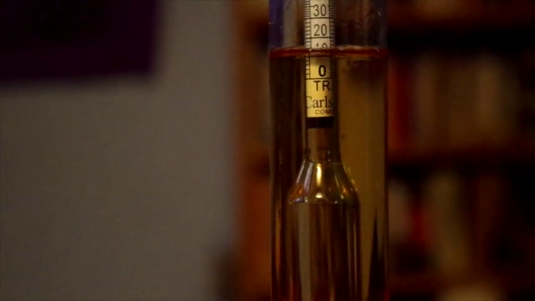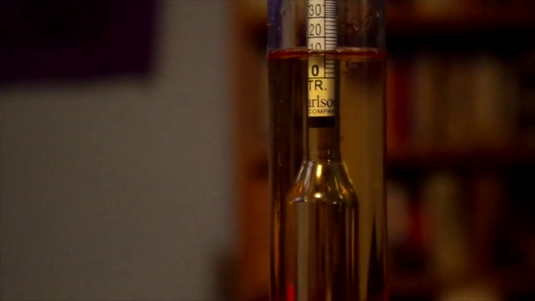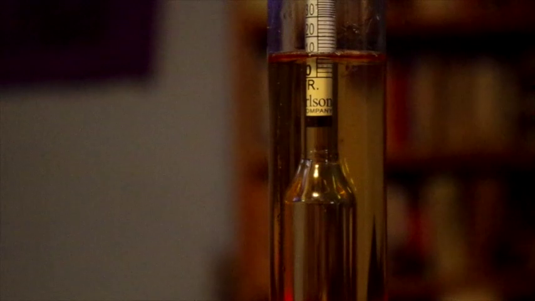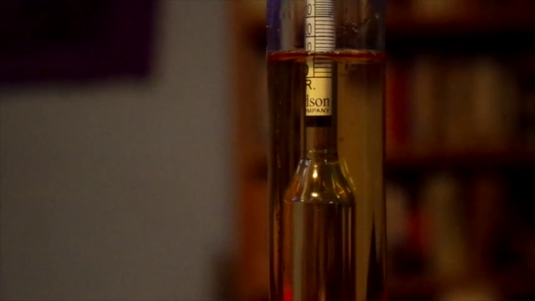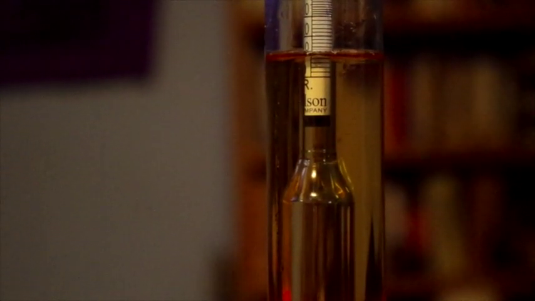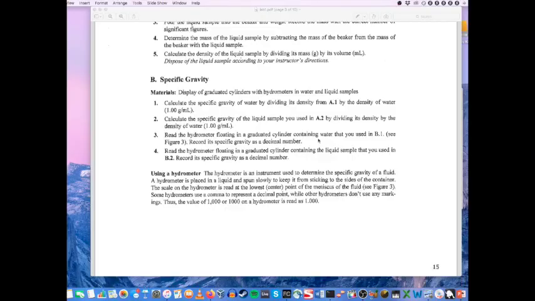So this drink is probably a little bit more than 10% alcohol, because there are certainly some residual sugars still floating around in there. However, it's probably not much more than 10, maybe up to 13 or 15. So that's specific gravity.